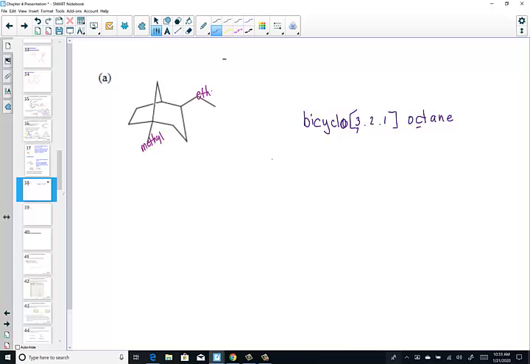So let me redraw. Here's carbon 1, 2, 3, 4, 5. Notice how I went around the longest pathway first. Found here is carbon 6, 7. That's the next longest pathway. And the shortest pathway will have carbon number 8.